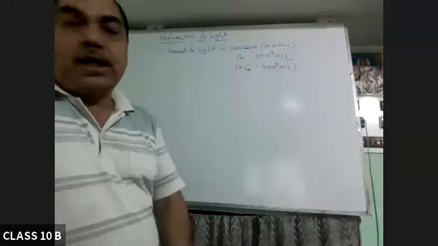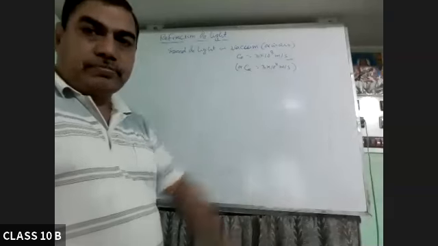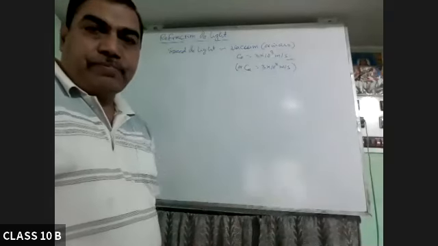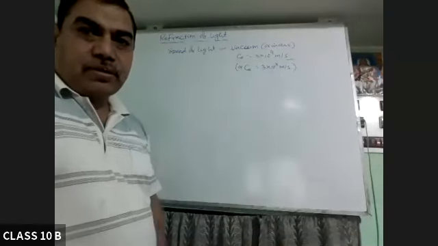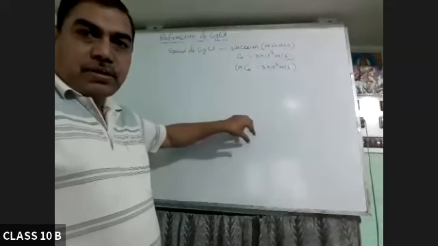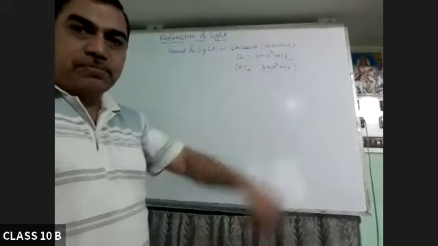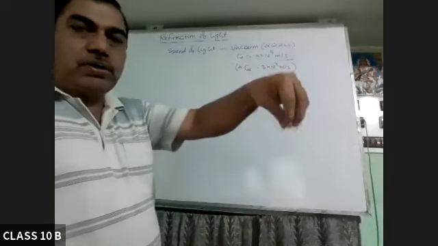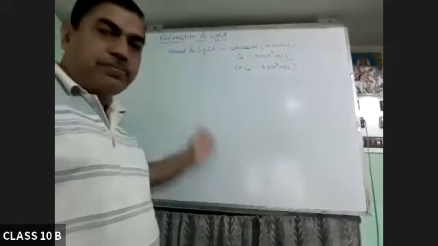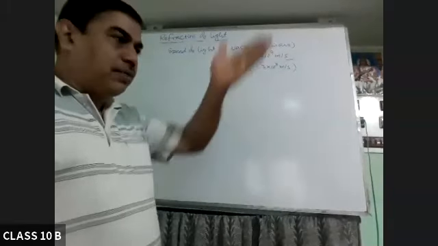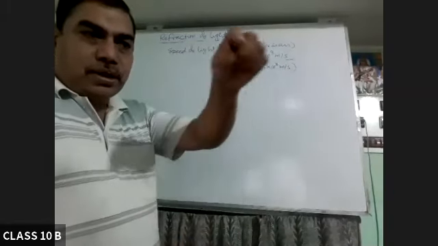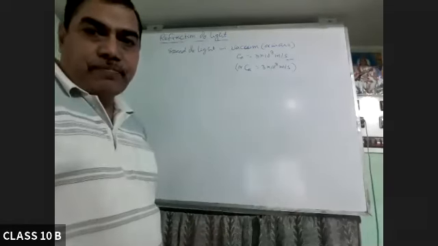Now suppose light is falling on this place, in air. What is happening here? The light is transmitted. Suppose the light is falling on this region and it is transmitted to the other part. Or if it is a glass plate, it is striking and it is transmitted.